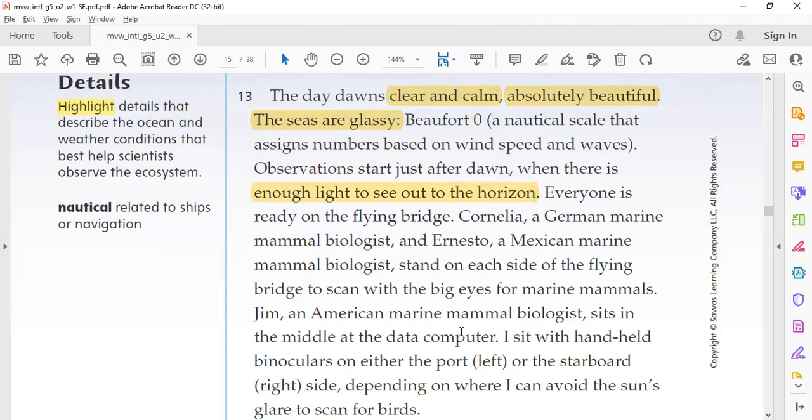I sit with the handheld binoculars on either the port left or the starboard right side, depending on where I can avoid the sun's glare to scan for birds.